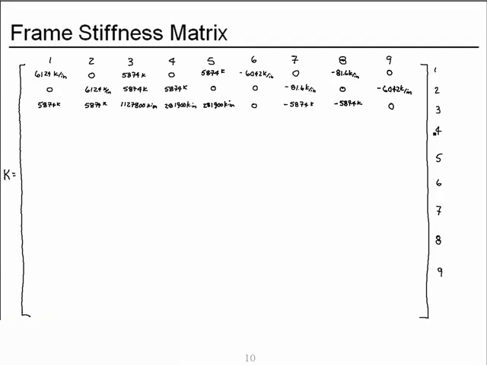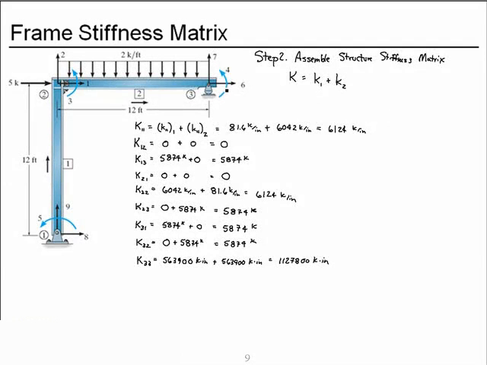Now row 4. Row 4 refers to the force at degree of freedom 4 here at the end of member 2. So the coefficients will come only from the element stiffness matrix for member 2, and the coefficients for 5, 4, 8, 4, 9 will all be 0 because no single member connects these 2 nodes.